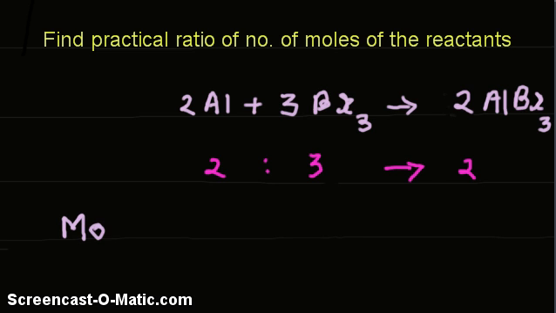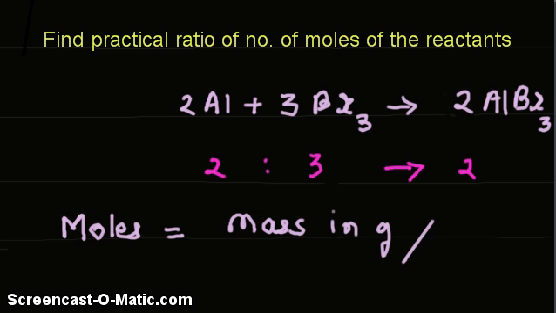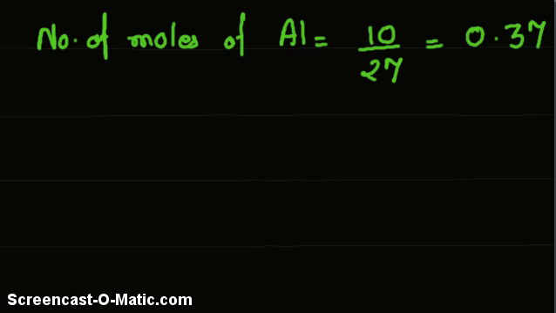The number of moles, we would use the formula: mass in grams divided by molar mass or atomic mass. Number of moles of aluminum is equal to the mass in grams, 10 grams, divided by the atomic mass 27, which is equal to 0.37.